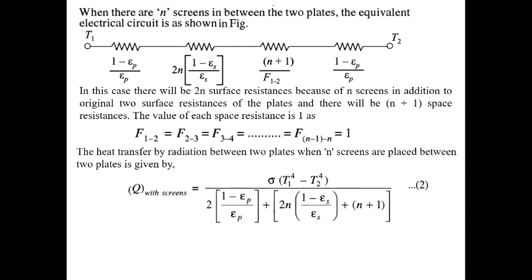So we can write Q with screen equals sigma into T1 to the power 4 minus T2 to the power 4 divided by twice into this, plus twice n into this, plus n plus 1, because F equals 1. But in your problem there is a 99% reduction, so Q with screen equals 1 minus 0.99 times Q without screen.